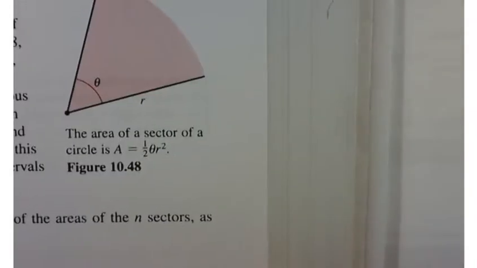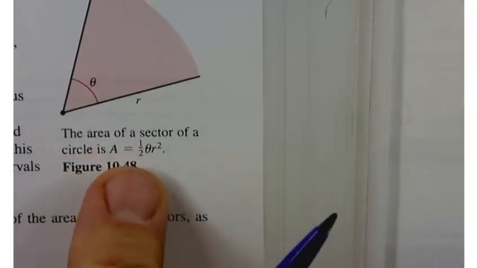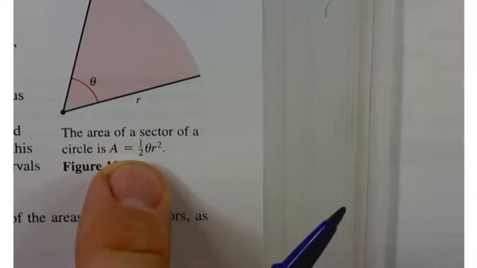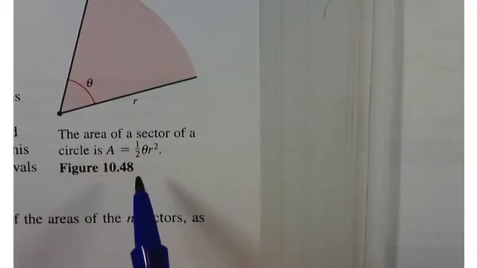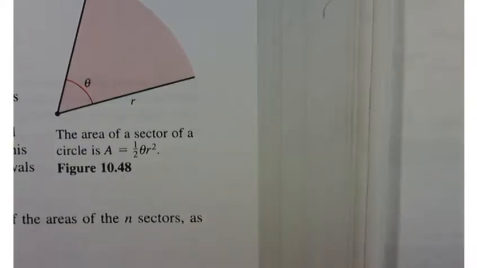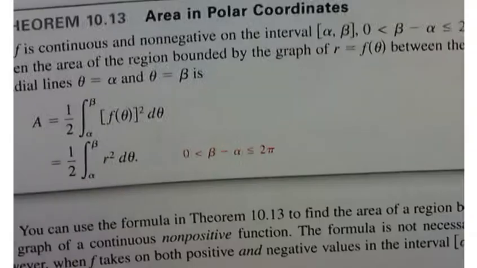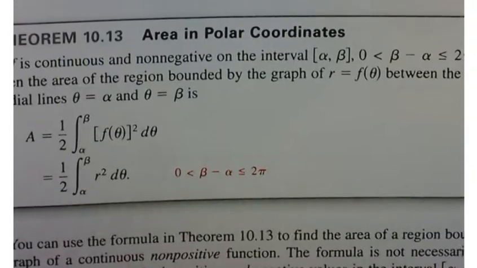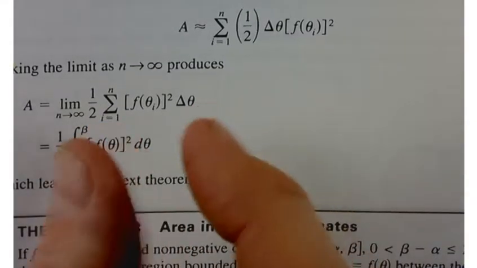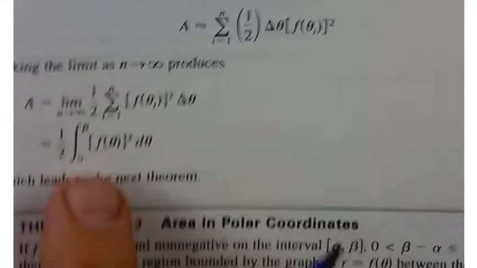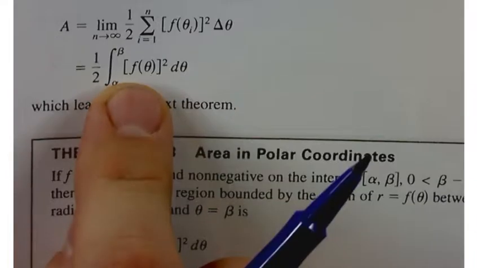So that formula for the area of a sector is this: 1/2 theta times r squared, where theta was in radians. Great. The upshot of this is when you do all the work and you calculate the limit as these sectors get really, really small, you get something like this.